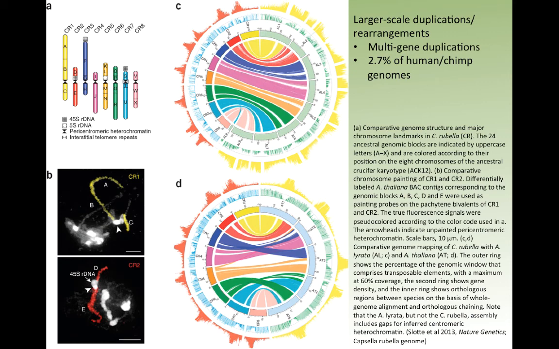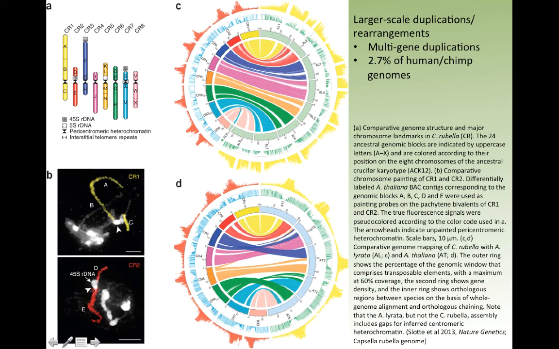What we see is that there are ancestral chromosomes associated with the C. rubella genome. A, B, C, D, E, F, G, H, I, J, K, L, M, N, all these letters represent ancestral chromosomes and how they've been combined on the C. rubella genome.